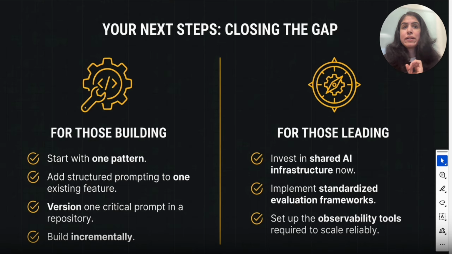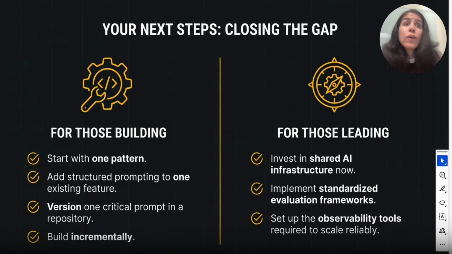So here's the bottom line. AI systems fail in ways traditional software does not. They drift, they hallucinate, they vary unpredictably. But with the right patterns, we can wrap probabilistic models in enough structure that the overall system behaves reliably.